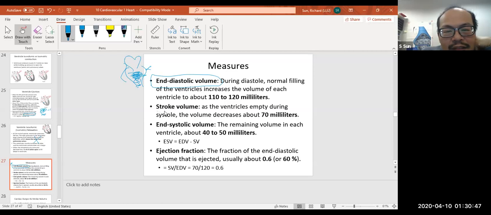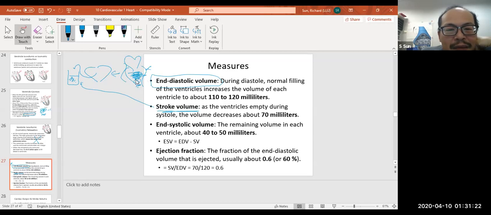Another one is called stroke volume: each time it's squeezed, how much blood is squeezed out.